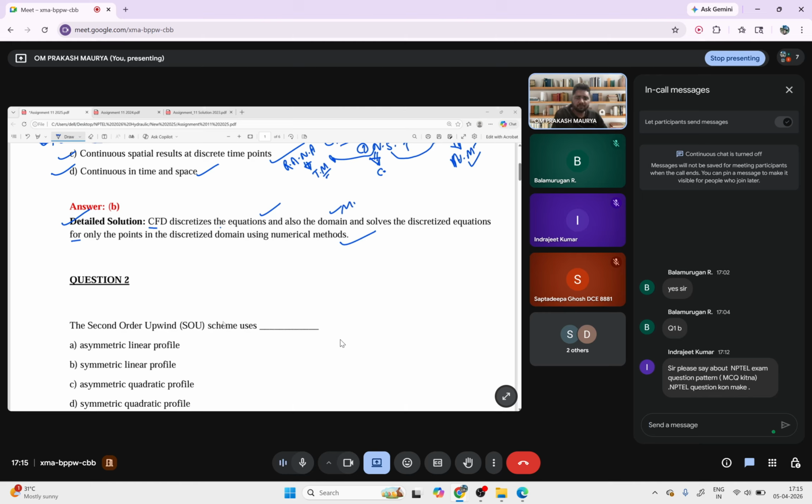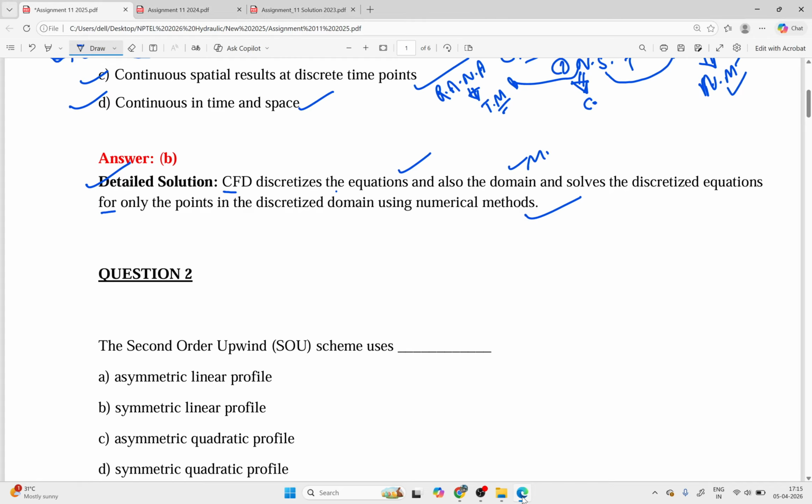Okay, if not, let us move on to question number 2. Okay, thank you. Welcome. So question number 2. Let me just go to the PPT. The second order upwind, SOU, scheme uses: option A, asymmetric linear profile; symmetric linear profile; asymmetric quadratic profile; and symmetric quadratic profile.